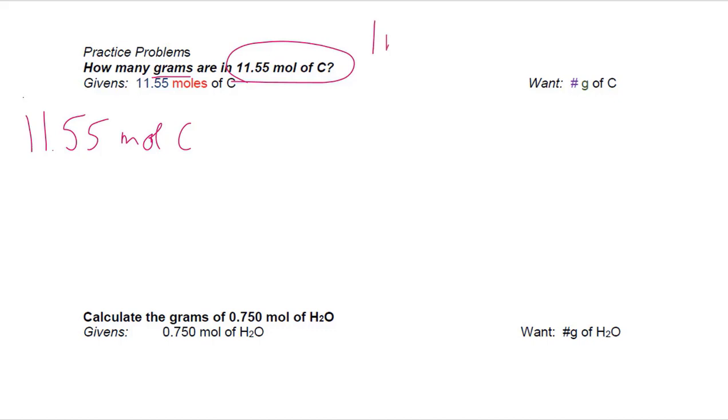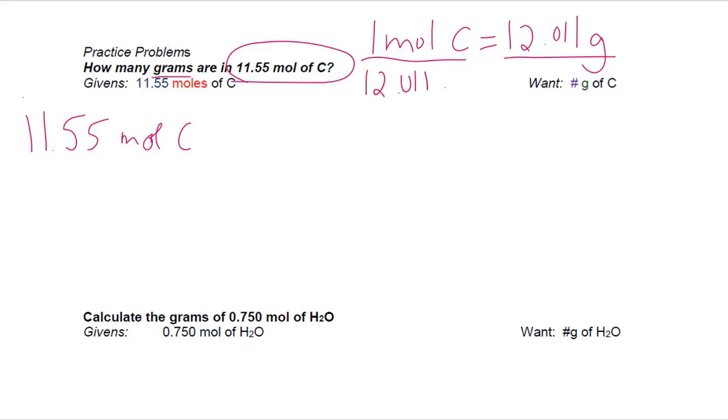I know that 1 mole of carbon, if I look on the periodic table, there is 12.011 grams of carbon for every 1 mole of carbon. All right, so then I'm going to take this and make my conversion factor. So I can say 1 mole of carbon, there is 12.011 grams of carbon, or in 12.011 grams of carbon, there is 1 mole of carbon.